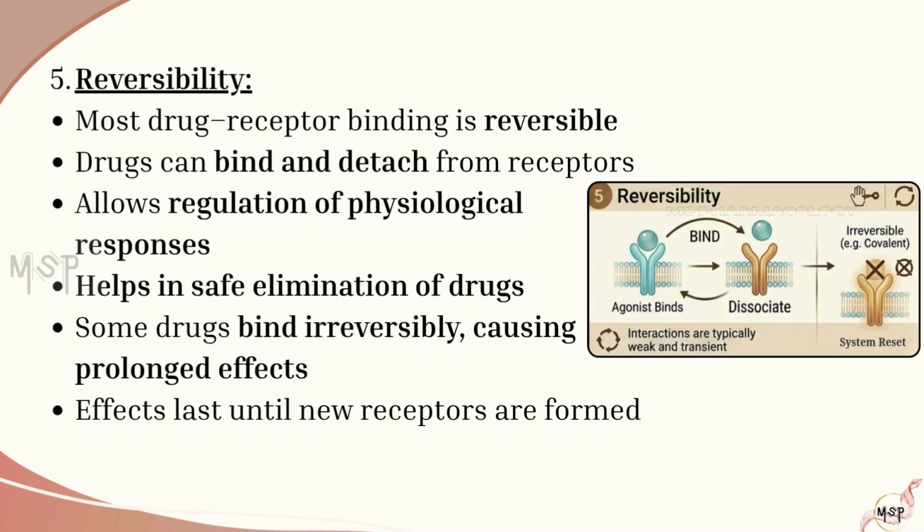Most drug-receptor interactions are reversible, meaning the drug can detach from the receptor, allowing the system to reset or be regulated. This reversibility is essential for fine-tuning physiological responses and for the safe removal of drugs from the body. However, some drugs form irreversible bonds, leading to prolonged or permanent effects until new receptors are synthesized.